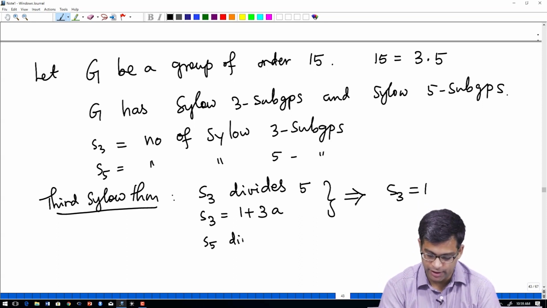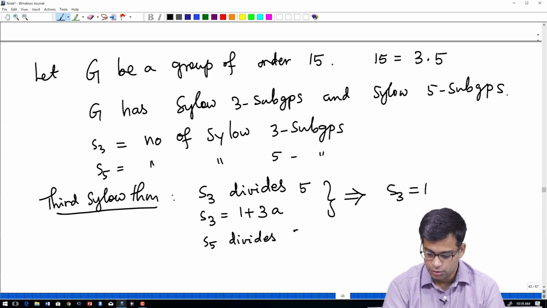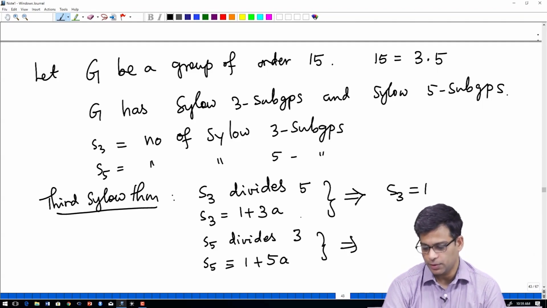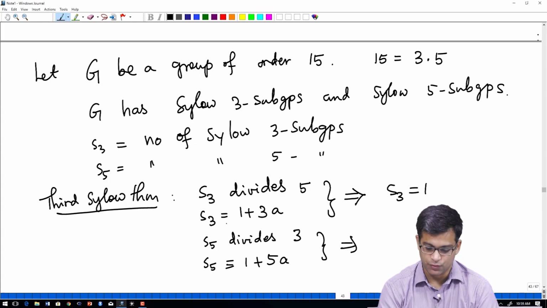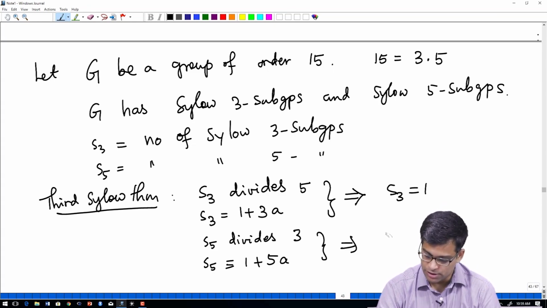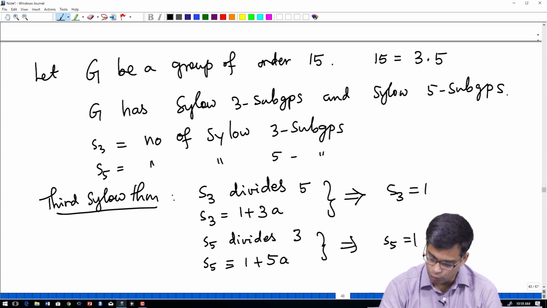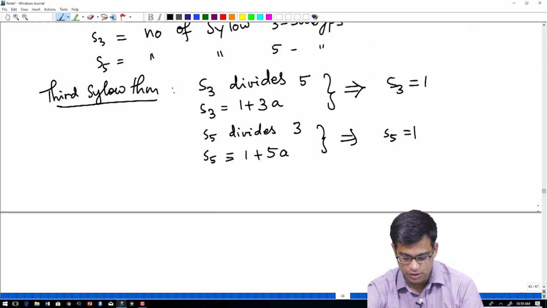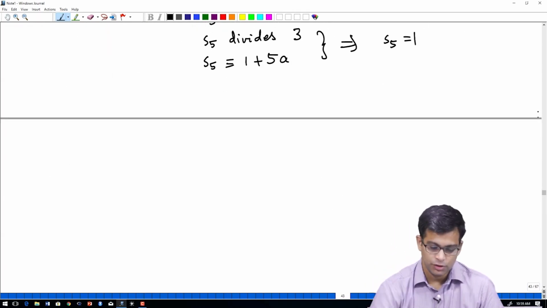Similarly, s5 divides 3 and s5 is 1 plus 5a. Remember, a is some integer, of course, that is why 5 cannot be written as 1 plus 3a. This forces s5 to be 1 also, because the only numbers that divide 3 are 1 and 3, and 3 is not of this form.